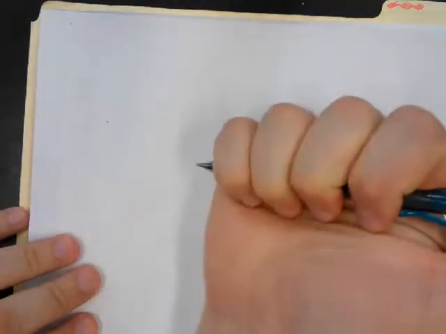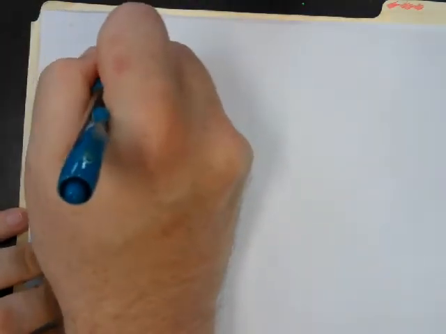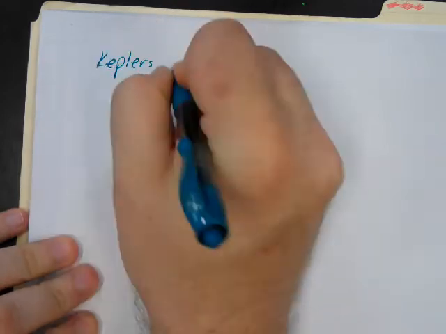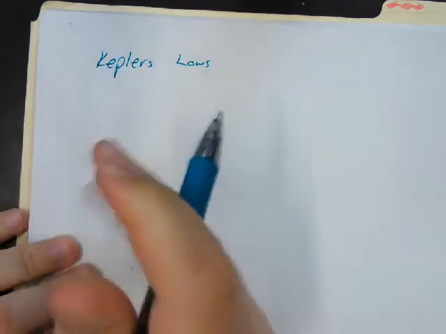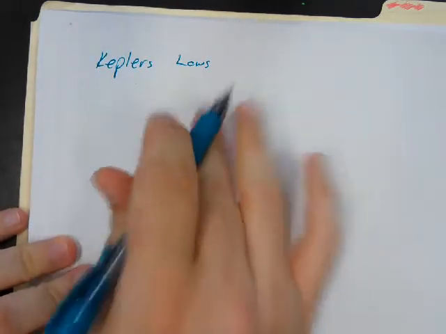We're going to go through some calculations for what you might see in astronomy for this chapter 3 stuff. We're talking about Kepler's laws. There are two things we're going to do.